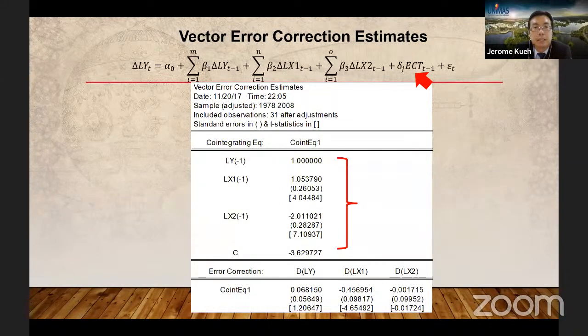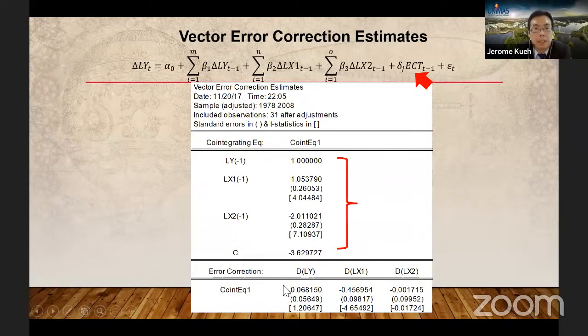So after testing the stationarity and the co-integration, then normally we need to estimate. What is the impact of the independent variables on the dependent variable? We can use these normalized equations to understand how these independent variables affect the dependent variable. Here we can also include the ECT, the error correction term, the speed of adjustment. If there is a short-run deviation, how long will it take to converge to the long-run equilibrium?